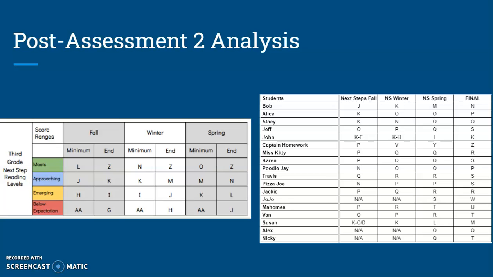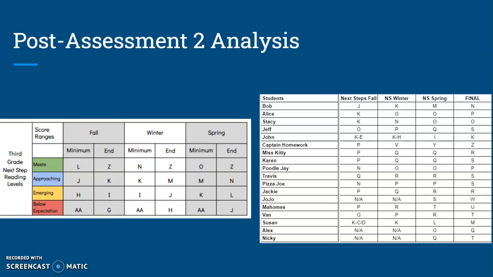So the Next Steps Assessment Conference took into account the students' oral reading fluency, ability to summarize the text, and 5 comprehension questions about the text. So they had to perform at a certain level for their instructional level to be between a K and an O, which in the end, all of my students were performing at an emerging or above grade level.